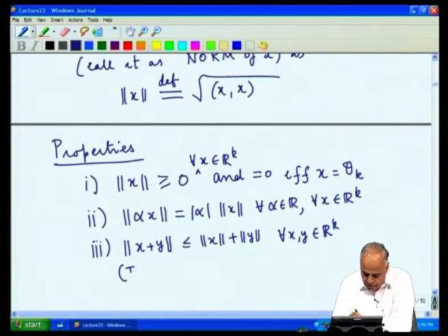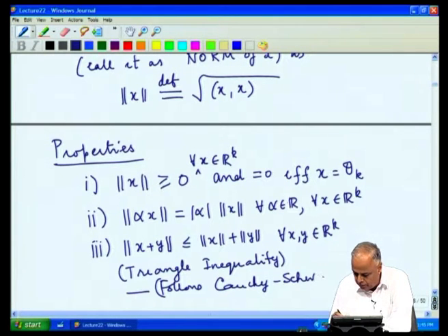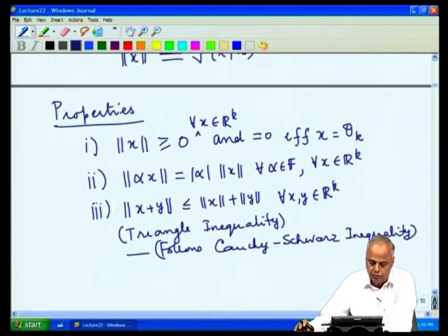This is called the triangle inequality. We shall not get involved in a proof of this. This follows from what is known as the Cauchy-Schwarz inequality. We shall look at it at a later time.